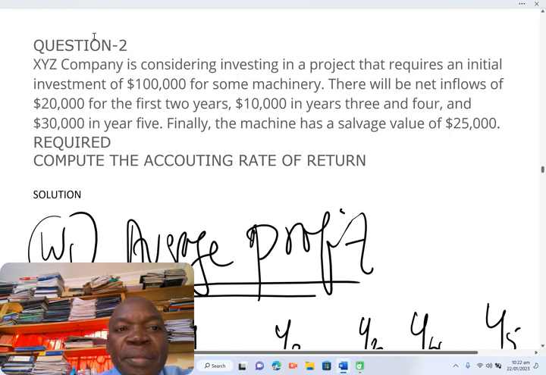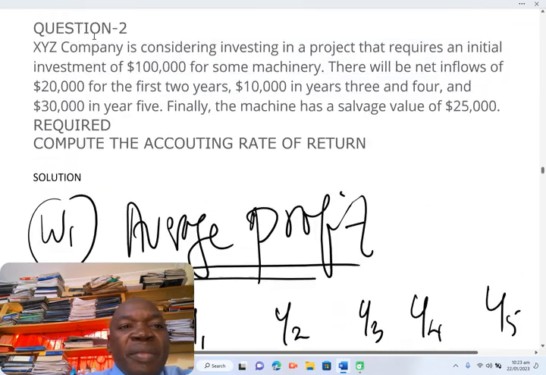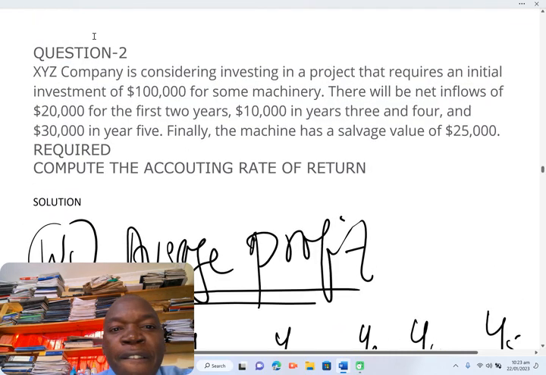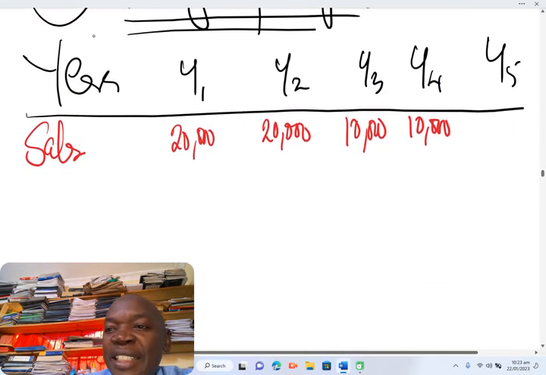Again, he said 10 in years 3 and 4, and 30 in year 5.